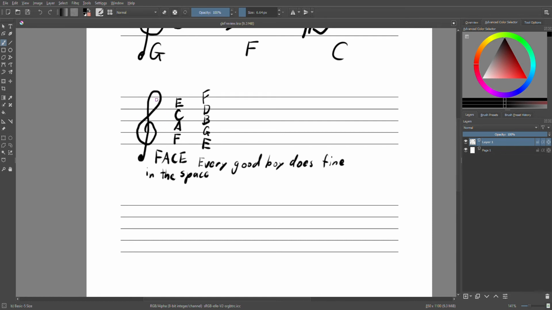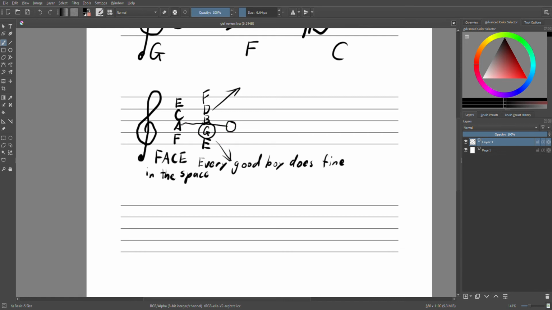So we know this is the G clef because it's around, oh look, the G line. Here's G. When we go this way, up the staff, we go forward in the alphabet. When we go this way, we go backwards.